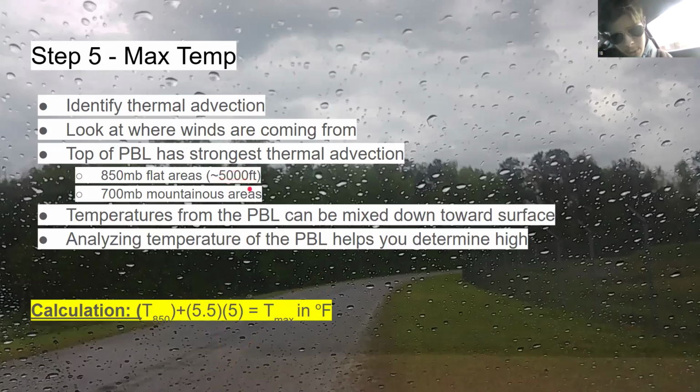So since it's approximately 5,000 feet above, you do 5.5 times 5. And why do you add that? Because temperatures are going to be warmer closer to the surface generally. And that can help you know the max temperature.